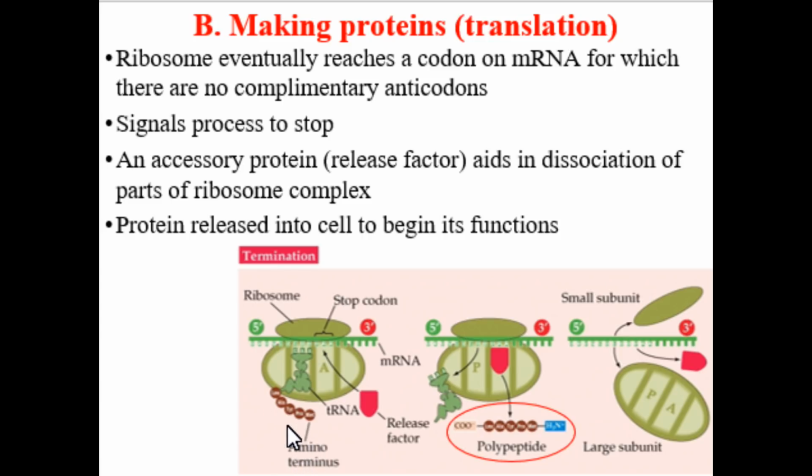So there's 1, 2, 3, 4, 5 amino acids that have been joined together in a very specific sequence that corresponds to this particular protein, no other protein, just this protein. Could be an enzyme, it could be a structural protein, it could be part of hemoglobin. But the instructions for making this particular protein were in this messenger RNA, and it got there from DNA, from a gene in DNA.